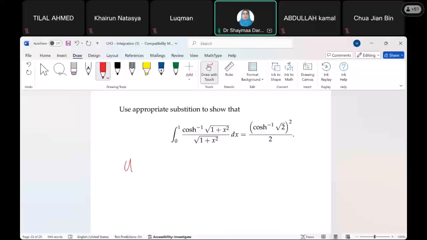Let u equal cosh inverse of square root of 1 plus x squared. Now you need to find du dx.